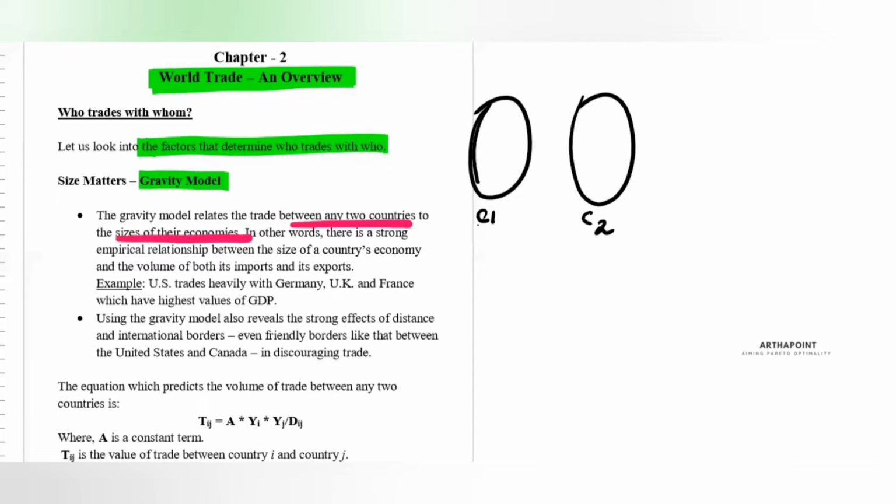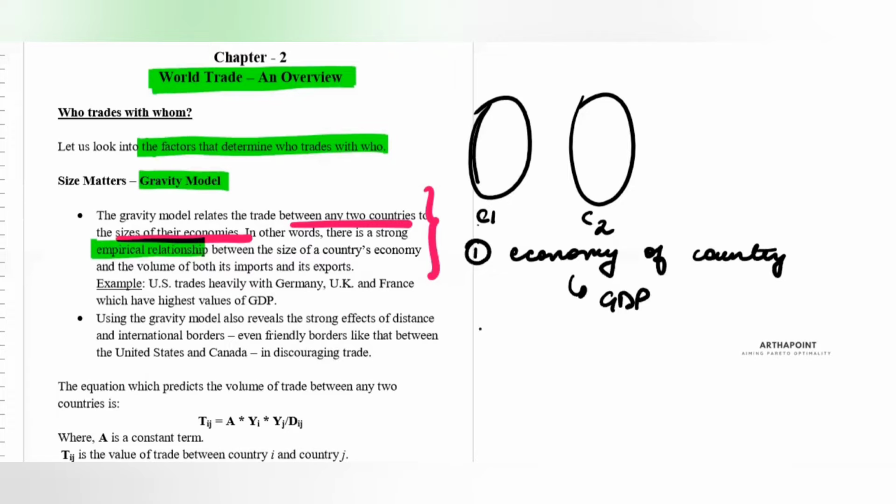This model is based on an empirical relationship, and it says there are two things we have to consider. One, how strong is the economy of the country, which is given by the GDP of the country. And secondly, what is the distance between the two countries?